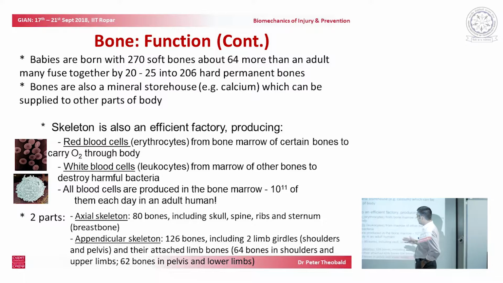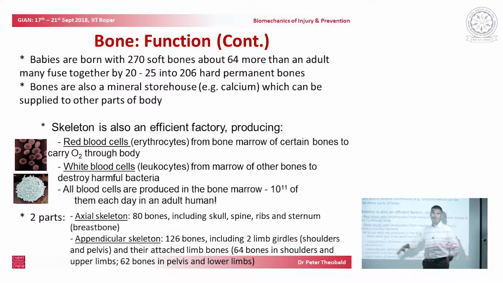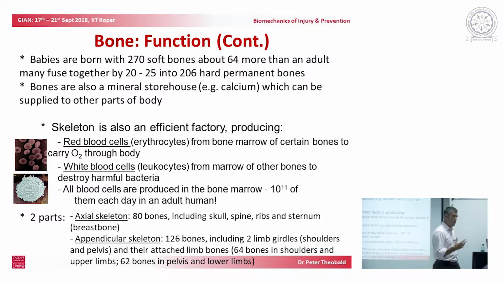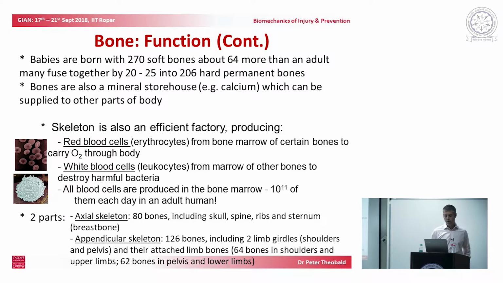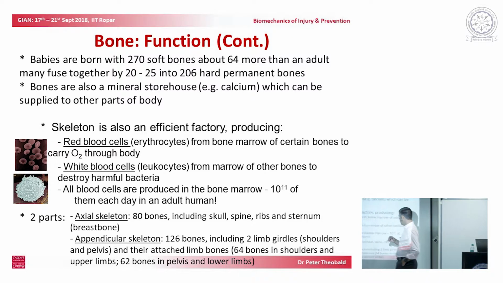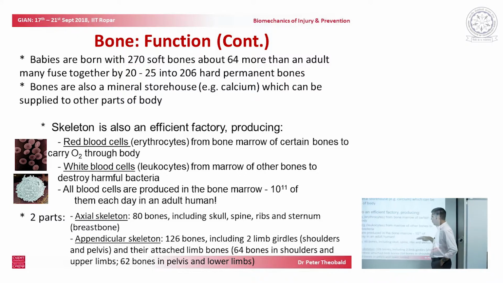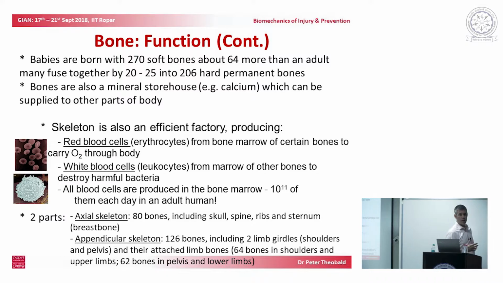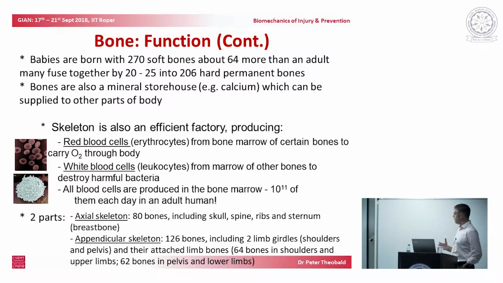The role of white blood cells is to maintain a healthy level of bacteria, so to destroy bacteria that shouldn't be within the human body. To get some idea of how much work the bone marrow does, 10 to the 11 blood cells are produced each day.